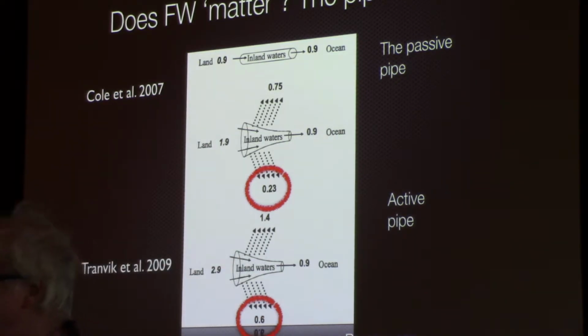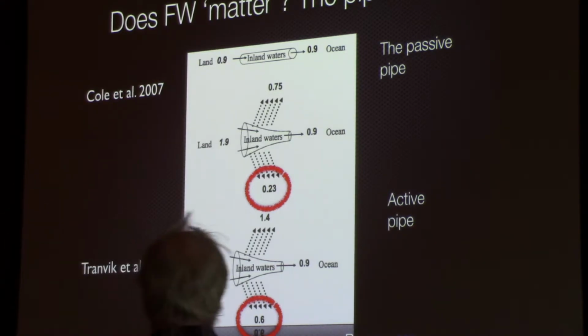And that 0.6 is really important because once material gets buried in sediments, it can stay there for a really long period of time, on the order of hundreds to thousands of years. And so in terms of our lifetimes, that's a real important thing, because that means we've successfully removed some of that CO2 from the atmosphere and put it away for a long period of time.